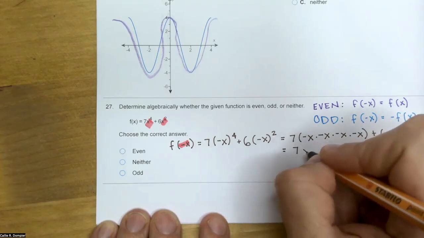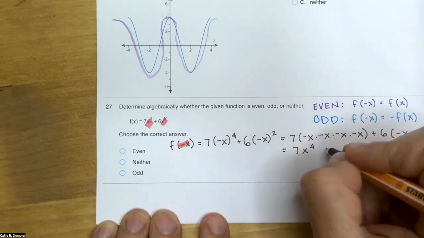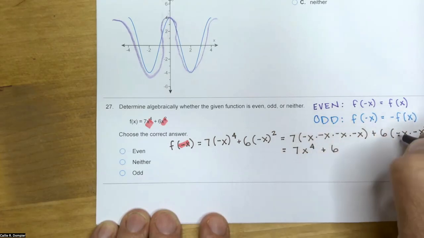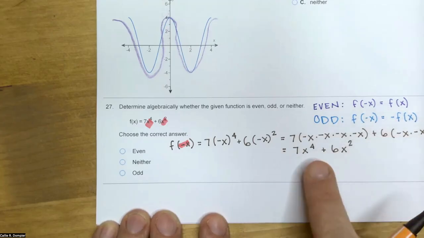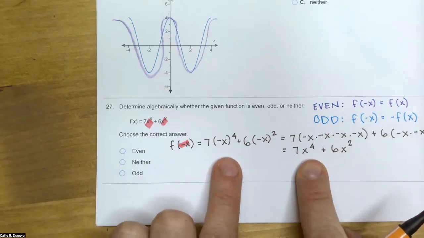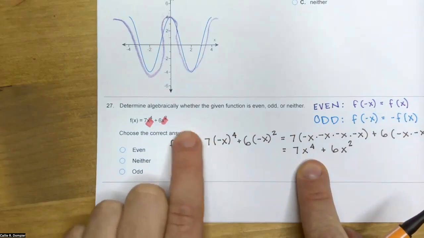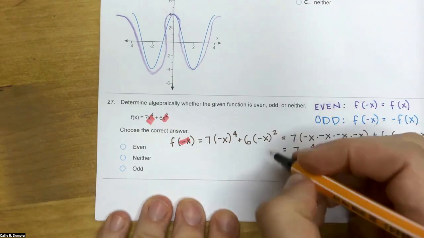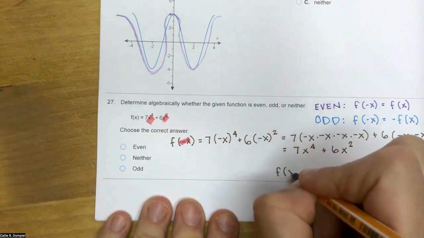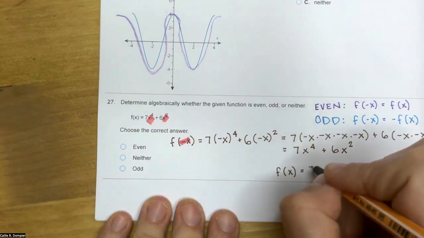So it becomes 7 positive x to the fourth plus 6 positive x squared. So I put in a negative x for my x value. And what did I end up with? I ended up with the same equation I started with.